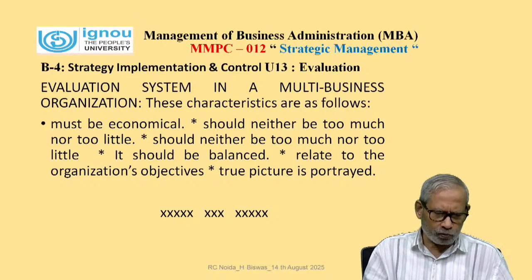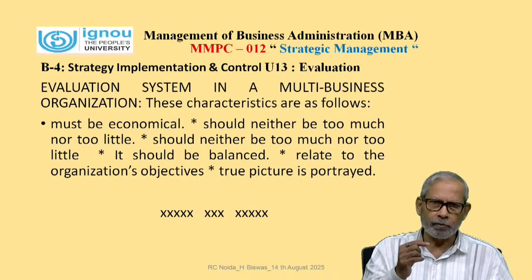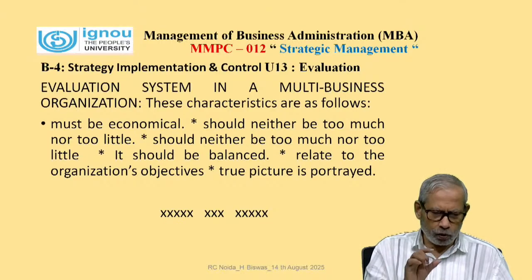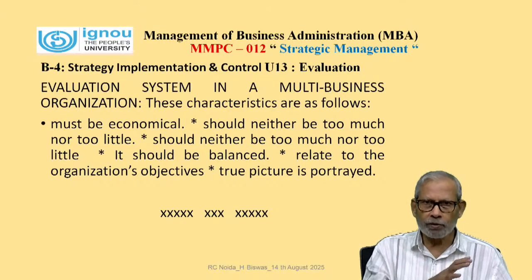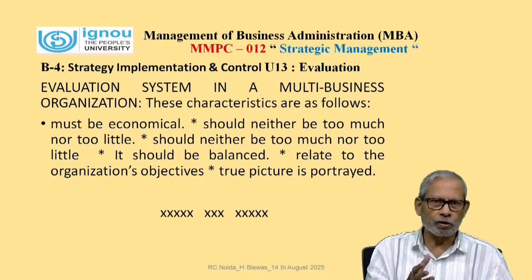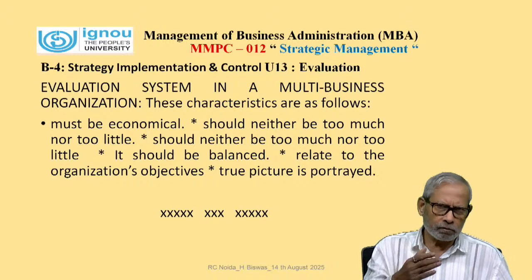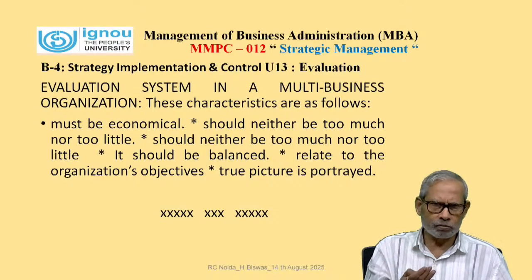Question number 2: write short notes on the following. There are 2 parts, part A and part B, 10 marks and 10 marks, 20 marks. Core values, as a short note you have to write it, maybe 100 or 150 words.